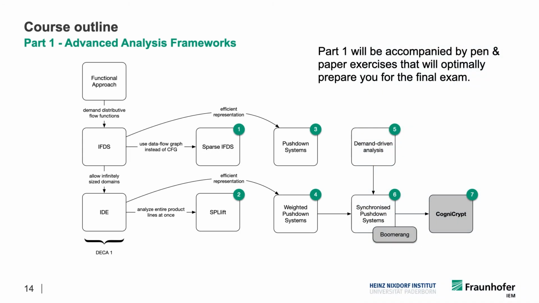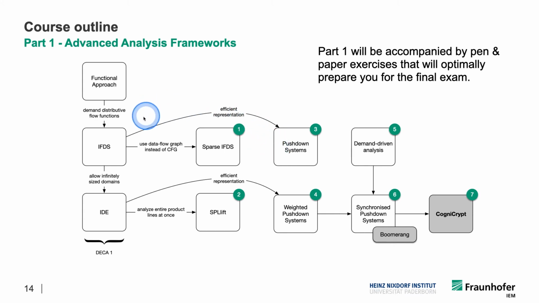So the outline of DECA 2 will thus be as follows. It will basically be in 2 parts. So the first part will still strongly connect to what I explained in DECA 1. So it will connect to these conceptual analysis frameworks.